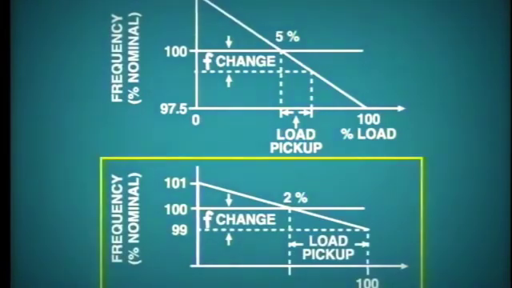The generator with the lower setting will pick up or throw off proportionally more load than the other generators on the system. Check with your supervisor for correct droop settings on your machines. Remember, the lower the percentage droop, the more sensitive is the governor, and oversensitivity can cause unstable operation and hunting of the unit.